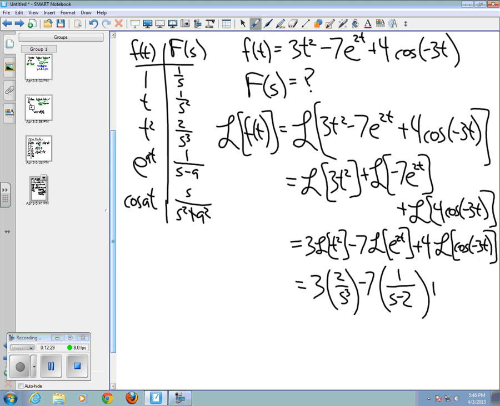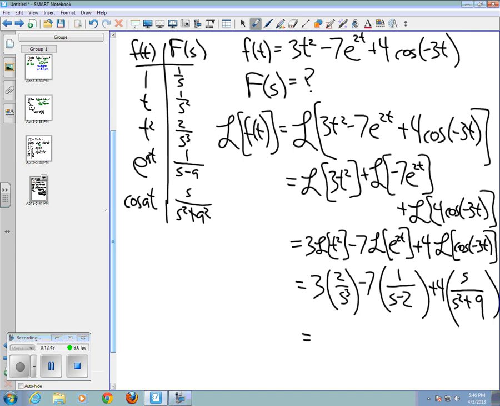And then we have plus 4 times the Laplace transform of cosine of negative 3t, which will be s over s squared plus a squared. The a is negative 3, so negative 3 squared is positive 9. And then we can just tidy this up a little bit and we're done.